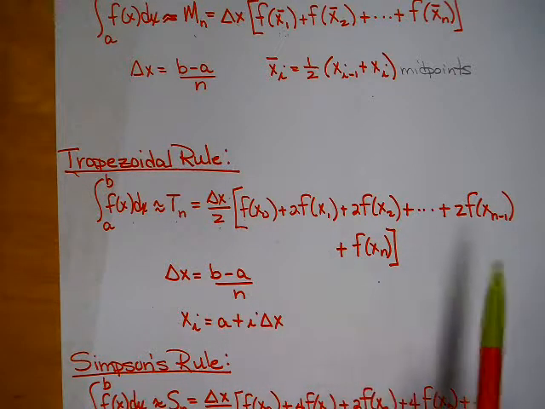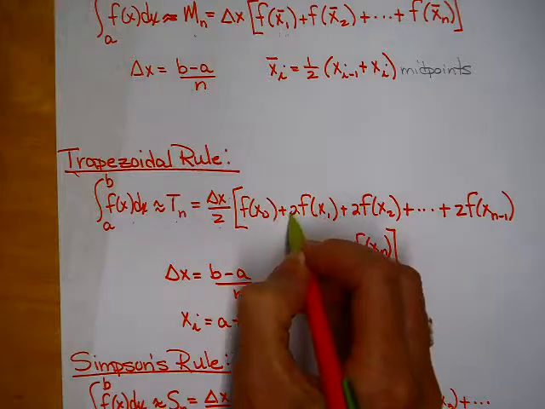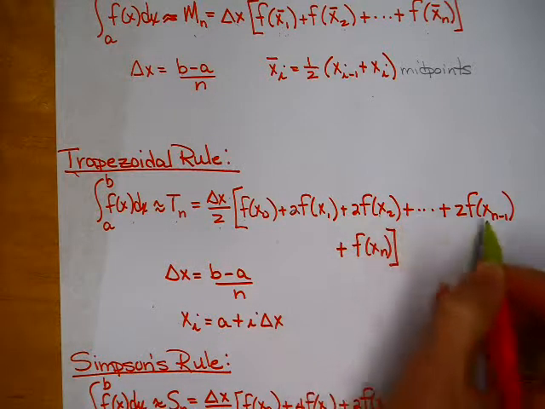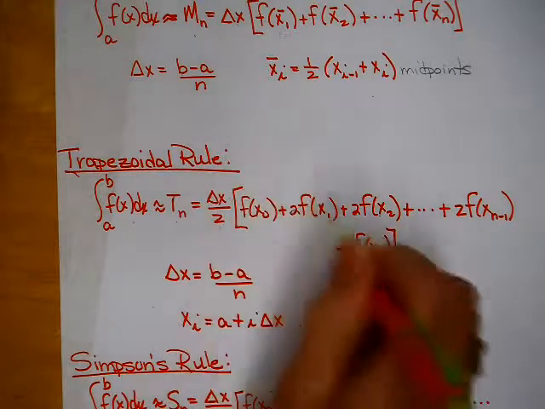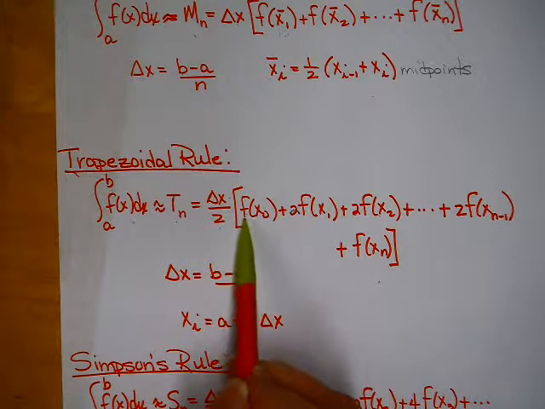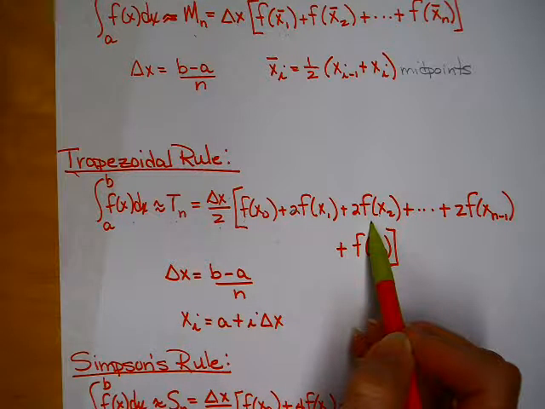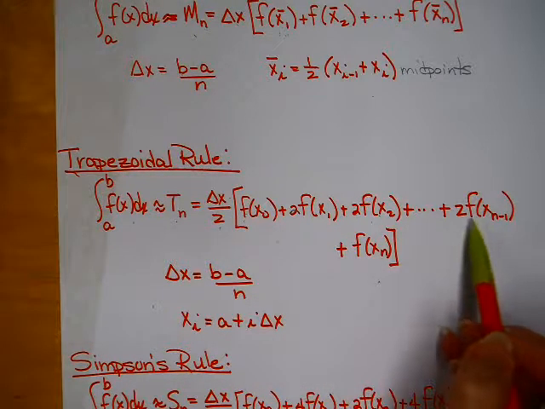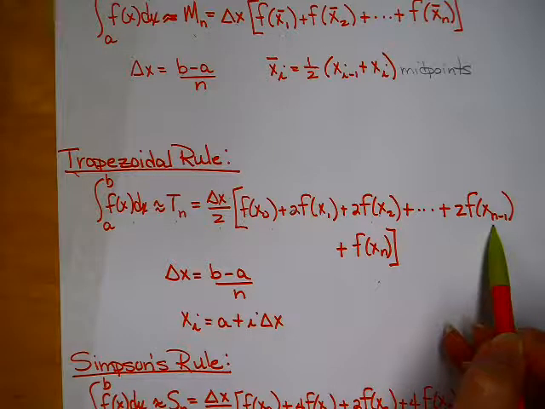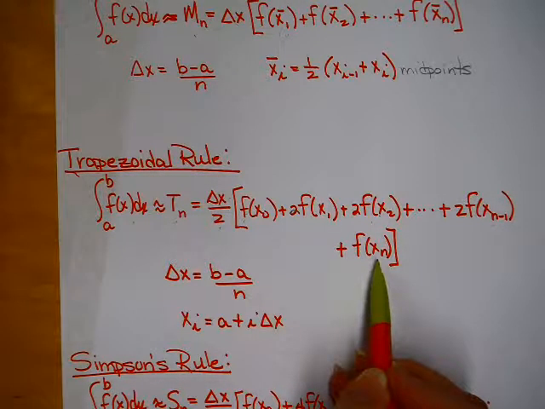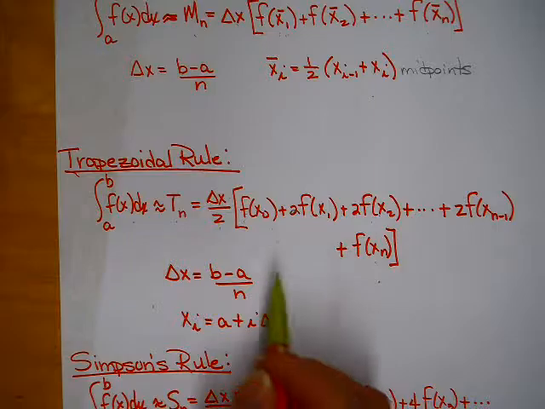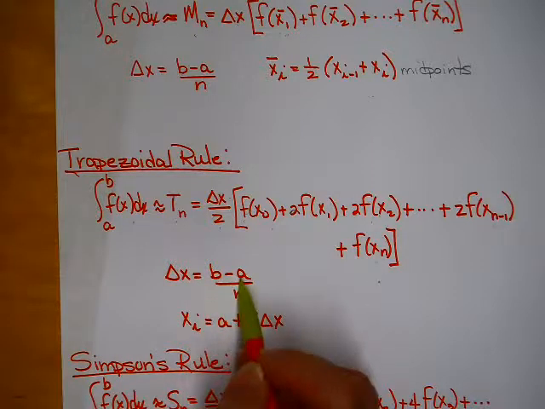And this time you evaluate your function at each of your endpoints. You multiply 2 times every term except the first and the last. So it's f of x sub 0 plus 2 f of x sub 1, 2 times f of x sub 2, 2 times f of x sub n minus 1 plus f of x sub n. Delta x is still b minus a over n.